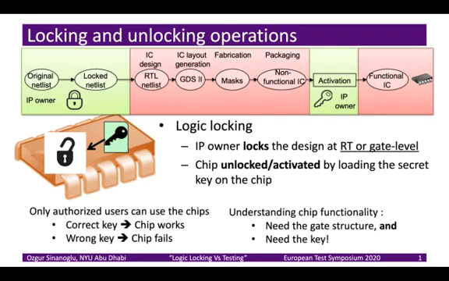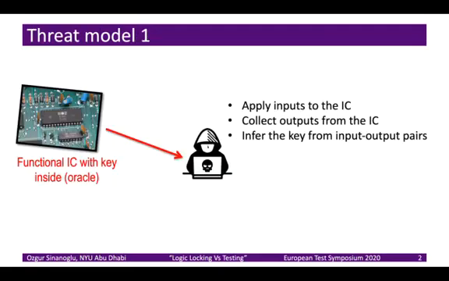These are zeros and ones that are to be loaded on a tamper-proof memory on the chip. So without the knowledge of the key, the attacker trying to understand the functionality doesn't have an exact understanding of the functionality of the chip. So the key is needed, and this provides protection against reverse engineering.